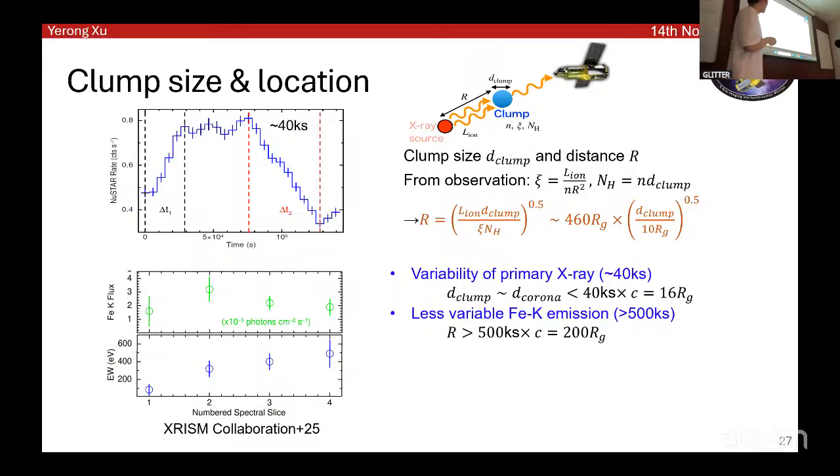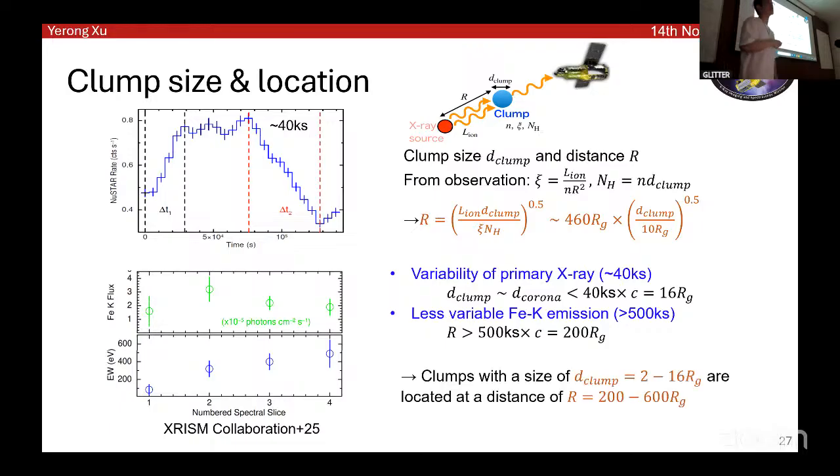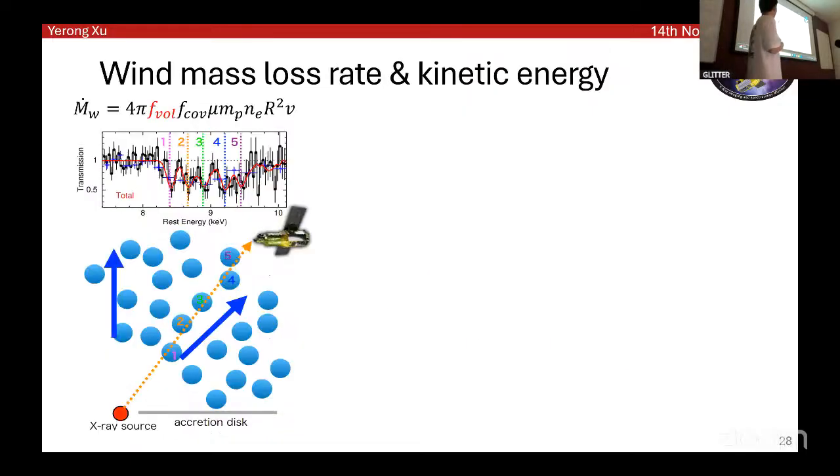So by combining these three conditions, we could determine the size of the clumps between 2 to 16 gravitational radii and the distance between 200 to 600 gravitational radii. Then we could use them to estimate the kinetic energy of the outflow.